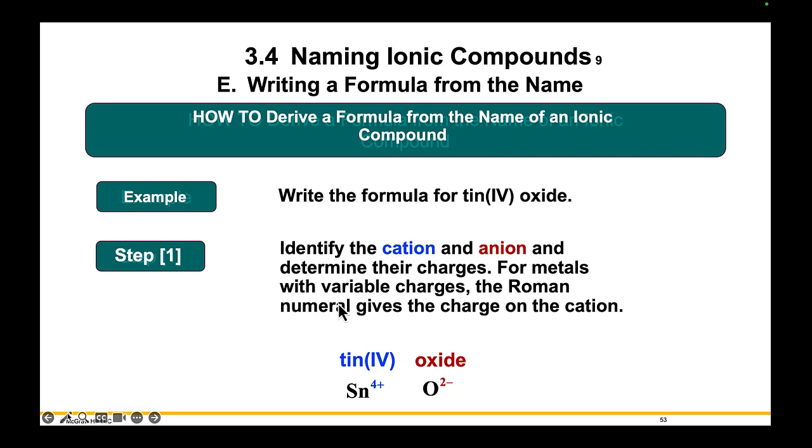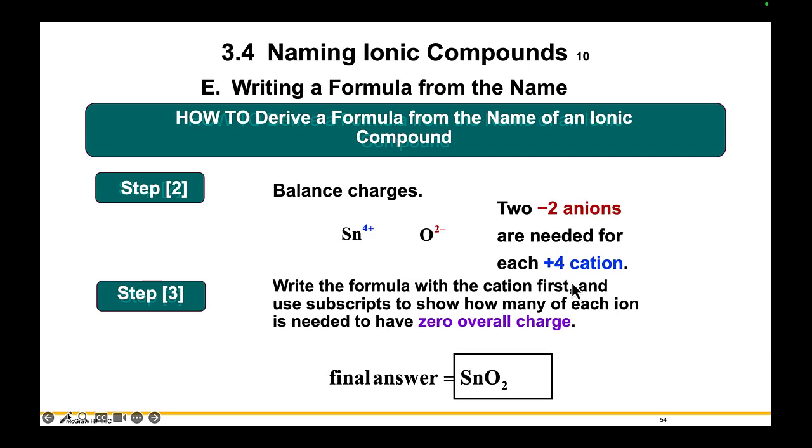And so tin, because it can have more than one charge, when we are given that formula name, that charge is already given to us, so that makes it really nice. And so we end up with Sn, which is the symbol for tin, and it has a 4+ charge. For the anion, we have oxide, so that is oxygen with a -2 charge. If we look at oxygen on the periodic table, it's in group 6. It's going to want to gain 2 electrons to make 8, and so that's where that -2 charge comes from.